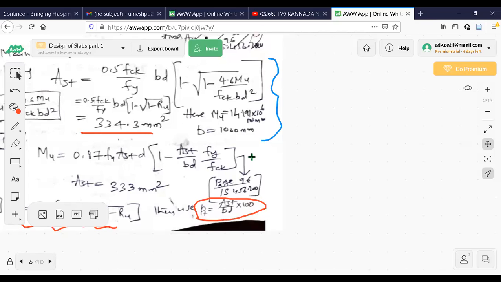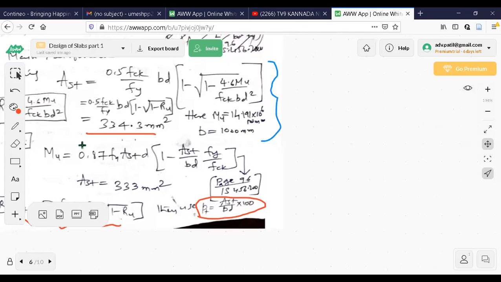B is more, d is less in the case of slabs. It is an imaginary beam only with a width of 1000 mm. 1 meter is the width of the slab. So the cross section of the slab to be considered is 1000 by 125.